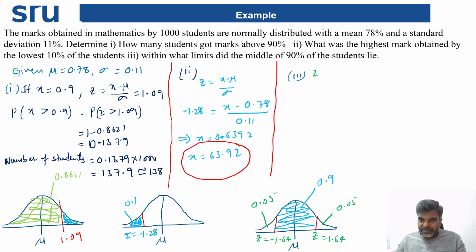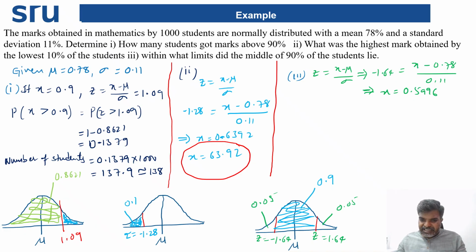Already you know Z equal to X minus mu by sigma. Here Z equal to minus 1.64 equal to X minus mu, X is unknown, mu 0.78, by sigma, which is 0.11. After simplifying this, we can find X equal to 0.5996.